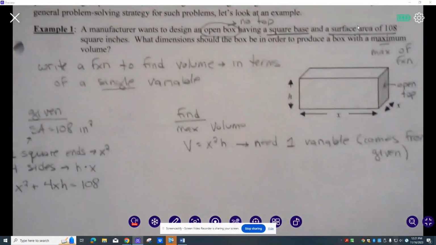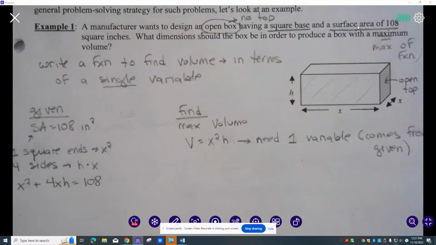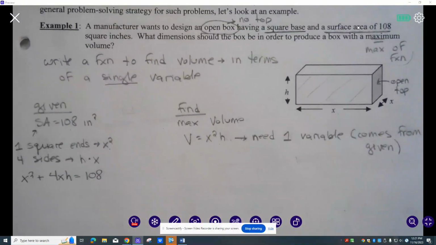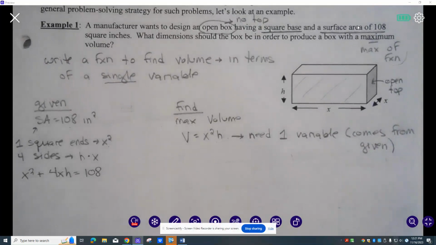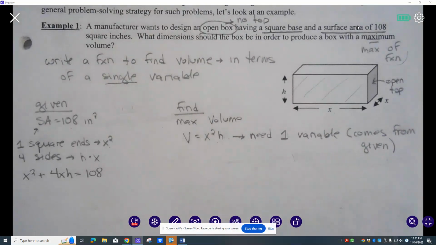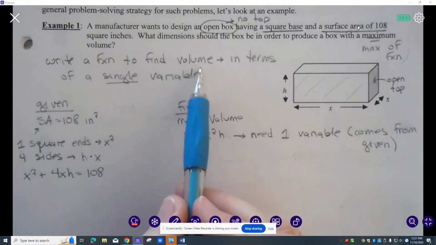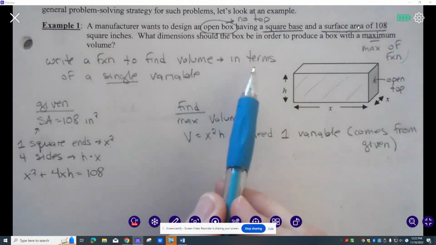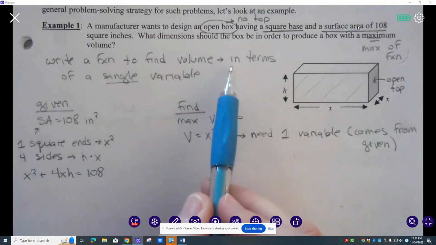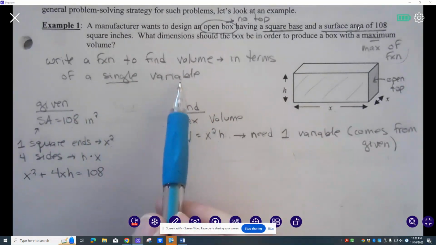I put some notes already on here, and after I talk through these notes, you should probably pause the video and copy them. What we're doing is writing a function to find volume. Before we take the derivative of this function, we want it to be in terms of a single variable.